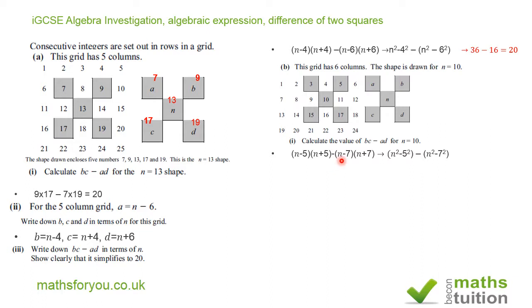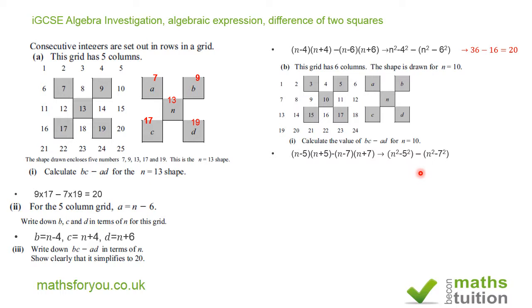So we've now got BC minus AD. A is n minus 7, and D is n plus 7 there. So n squared, we then have difference of 2 squares again. So we end up with n squared minus 5 squared, minus n squared minus 7 squared.